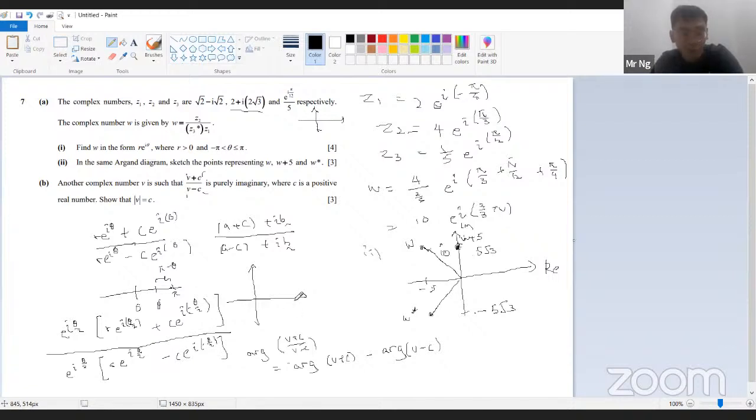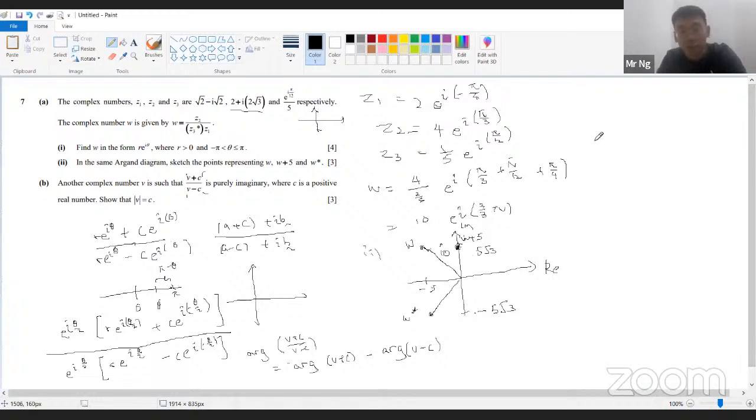Okay, I don't know how to do this. Purely imaginary. So it's something I maybe can, I don't know. Purely imaginary, so B plus C over B minus C equals to Ai. So B plus C equals to Ai times B minus ACi.